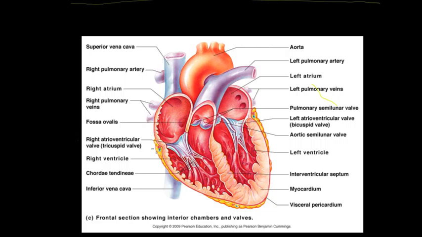so here you can see a diagram of the heart and many of its components, but we're just going to be focused on the path of blood flow through the heart in this video. So you can see this structure here called a superior vena cava, and here you have the inferior vena cava.